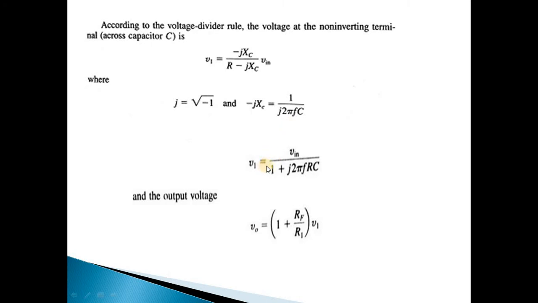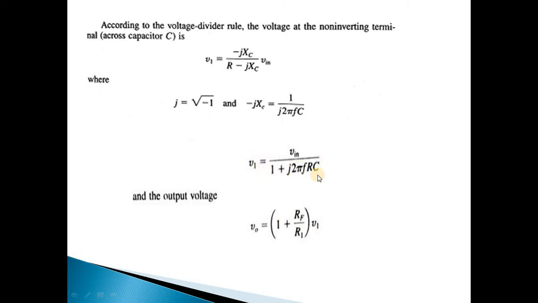Now V1, that is the voltage at the non-inverting terminal, is equal to Vin divided by 1 plus j 2 pi f RC, and the output voltage is equal to 1 plus Rf divided by R1 into V1.